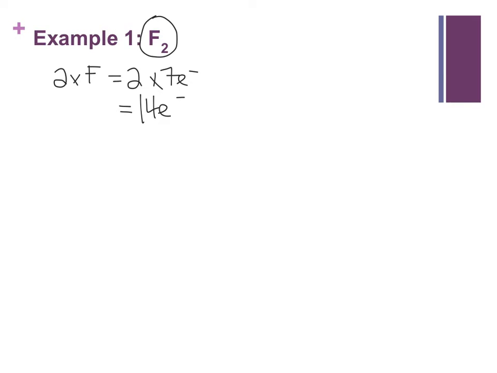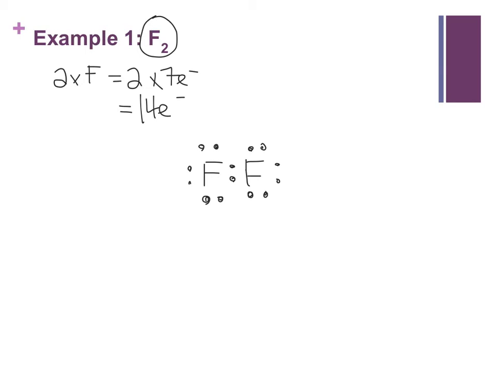Now we don't really have an atom in the middle because we've just got 2 fluorines, so we're going to draw them side by side. Our next rule says we put 2 electrons between the 2 atoms to form 1 bond, and then we fill the octets of the outer atoms. So we're going to put 6 more electrons around the 1 fluorine and 6 more around the other fluorine.